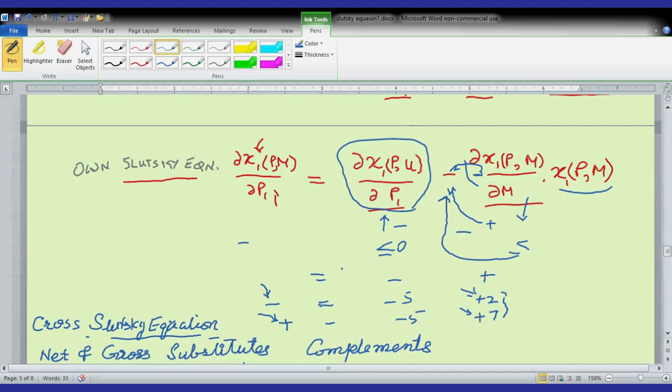So this is true about the Slutsky equation, where we were looking into the change in consumption of the good of which the price had changed.